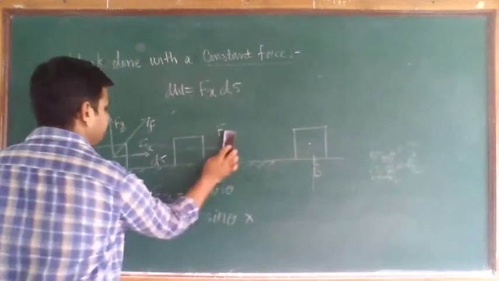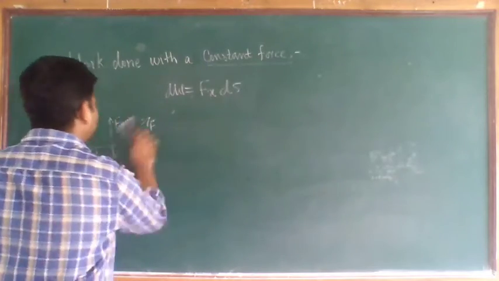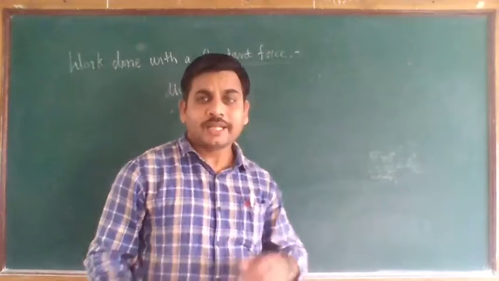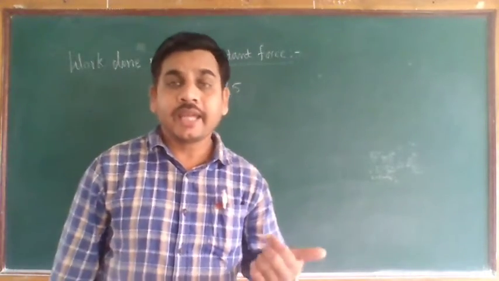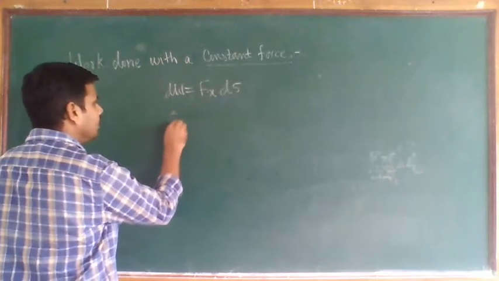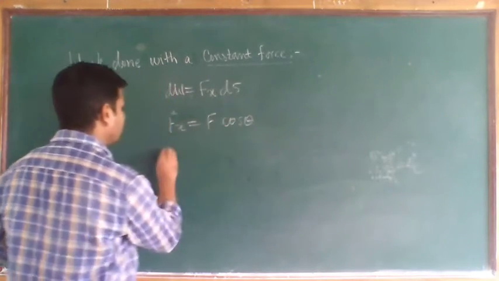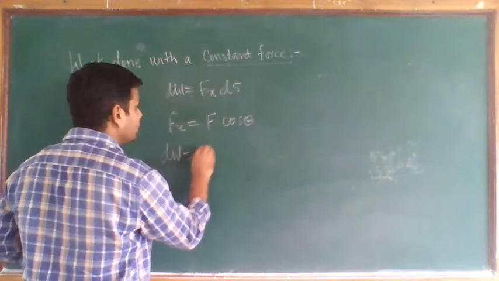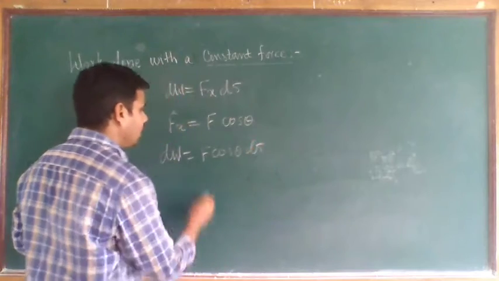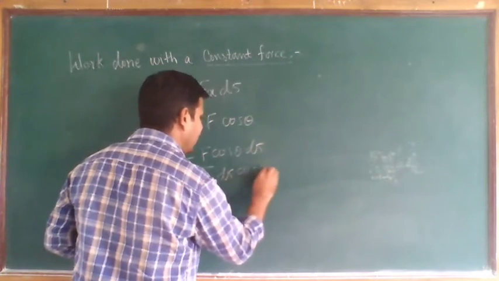But you know that f of x is nothing but f cos theta. So our dW is equal to f cos theta ds, or we can say F ds cos theta.